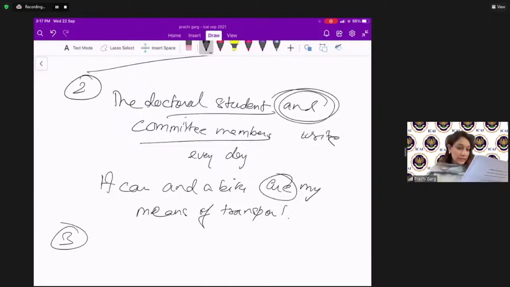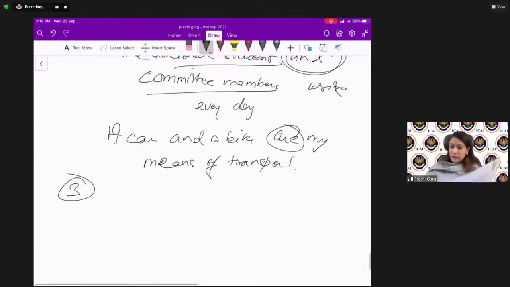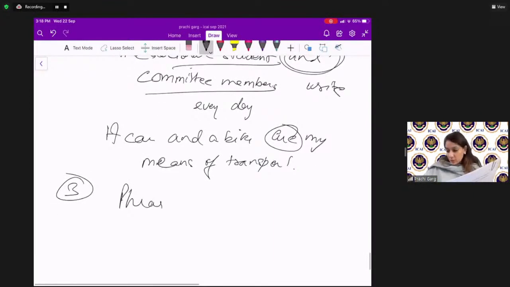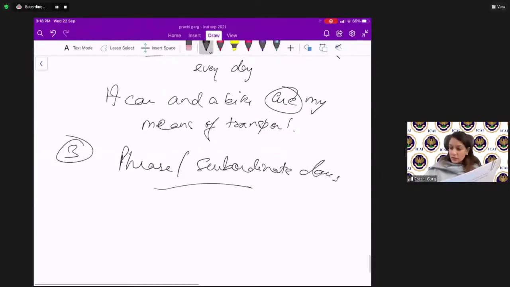Let's move on to the next rule, which says subordinate clauses that come between the subject and the verb do not affect the agreement. Okay, so let's look at this. I would say here a phrase or a subordinate clause. Let's just take both. You will understand when I write the example here.